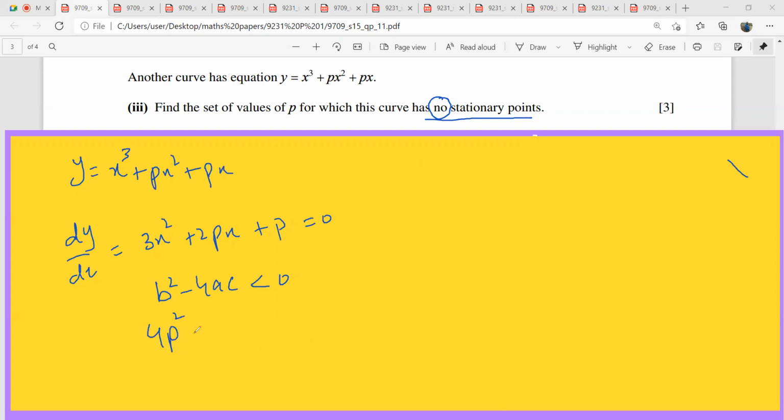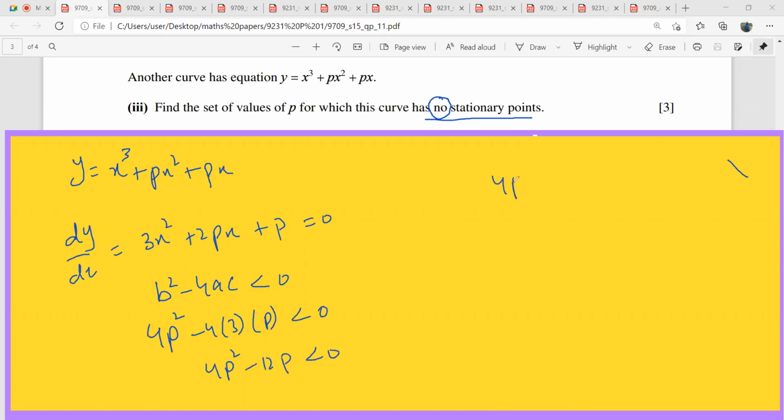I'll tell you again. So it's 4p square minus 4 into 3 into p that is less than 0. We have kept the discriminant negative because there was no stationary point. No stationary point means no solution for this derivative. So this is 4p square minus 12p is negative.